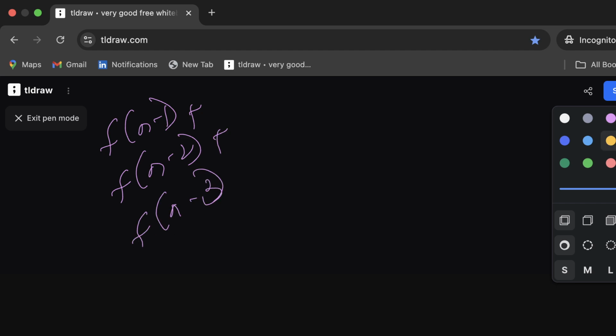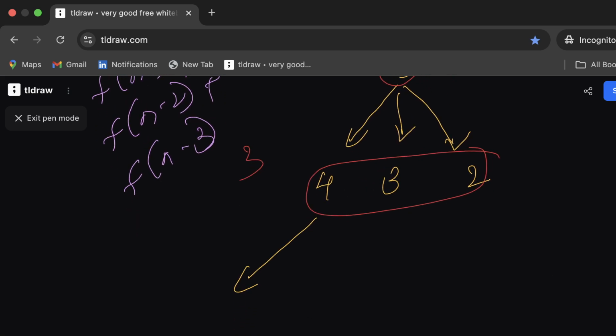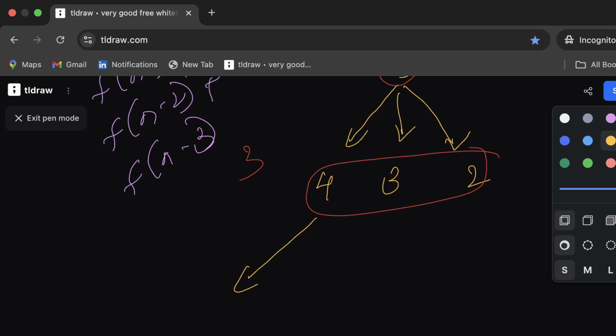So if it's 5, then I need to make a call to 4, 3 and 2, right? So from one node I have jumped to 3 nodes now. Now for 4 again, I need to make calls. This is going to be 3, 2, 1, right? 1 is the base. Again for 3, 0 is the base.